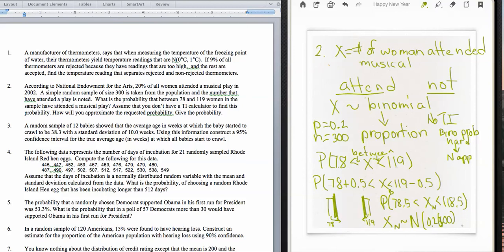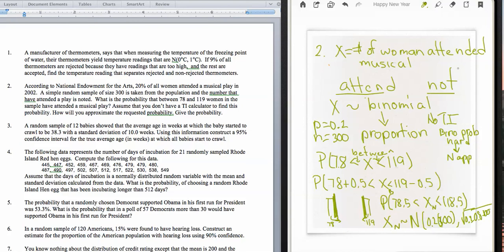And then we have a standard deviation of the square root of 0.2 times 0.8 times 300. And that's going to give me my probability here. So that's what we're going to have to do in order to find this probability.